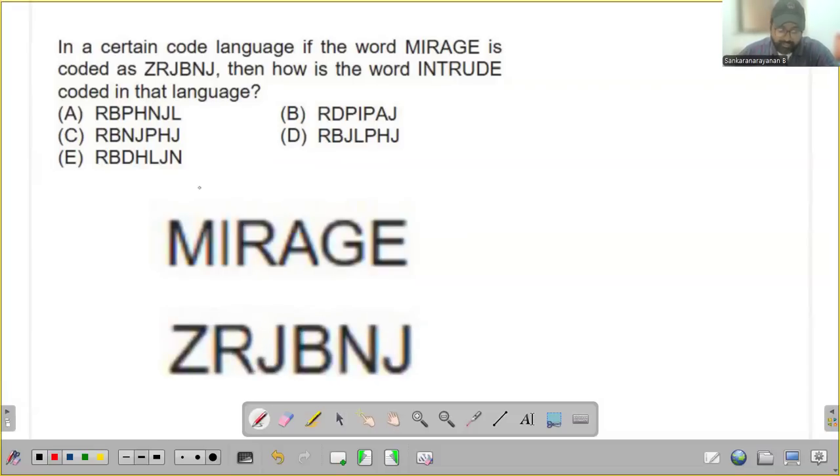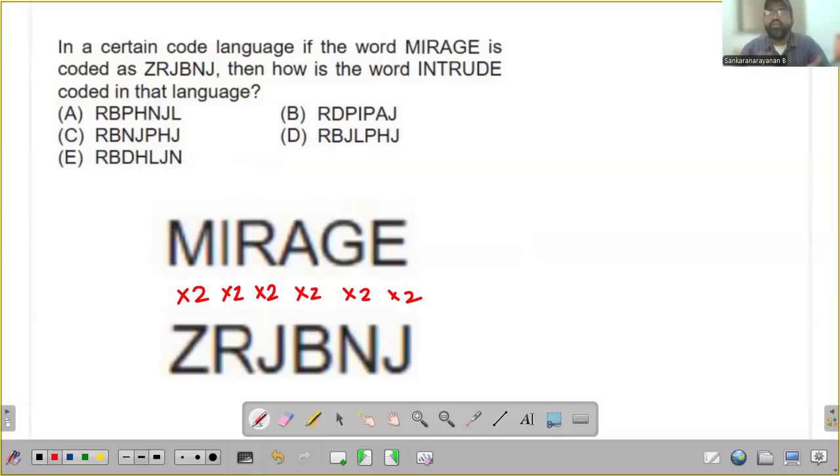The 13th one. You can see that here, all these things are into 2. If you observe all the letters, the corresponding number is into 2. Because M is 13, 13 into 2 is 26. I is 9, 9 into 2 is 18. R is 18, 18 into 2 is 36, 36 is 26 plus 10.